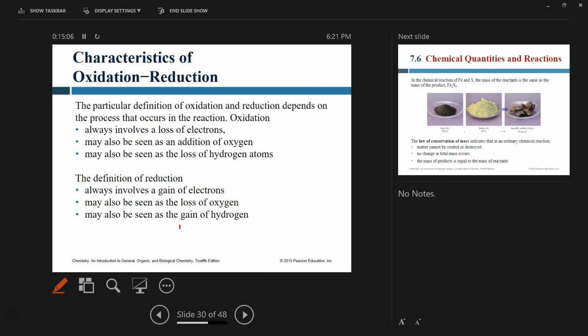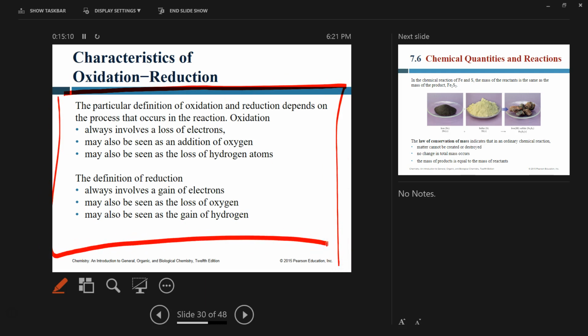So, to kind of summarize the concept of oxidation and reduction. Oxidation is when a compound loses electrons or gets oxygens added or loses hydrogens.